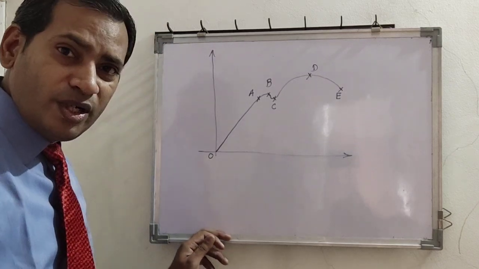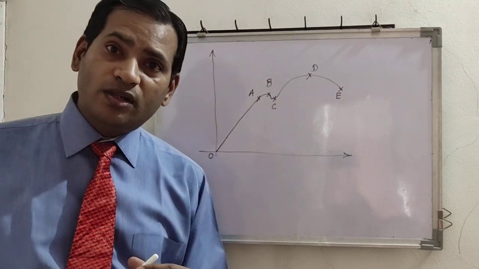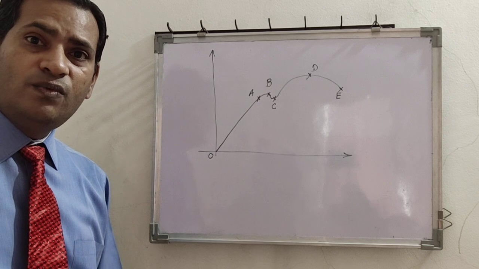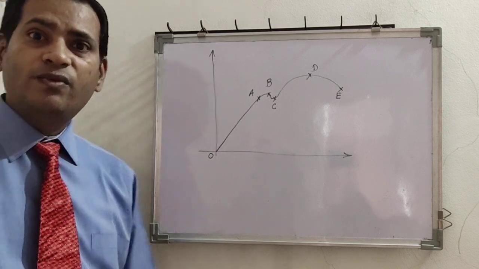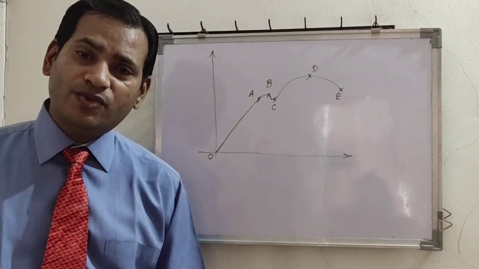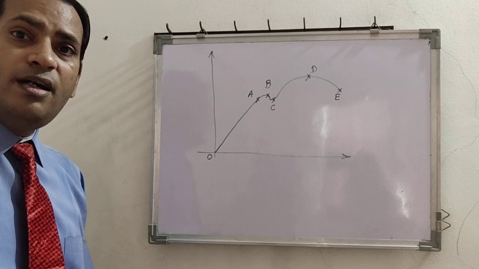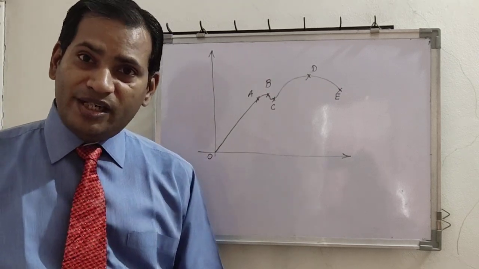You must have remembered, or you must be remembering, yield stress value for materials. That is, for steel material it is 250 Newton per mm square, then 415 Newton per mm square, 500 Newton per mm square. These values are used either in RCC, that is reinforced cement concrete, or mild steel.